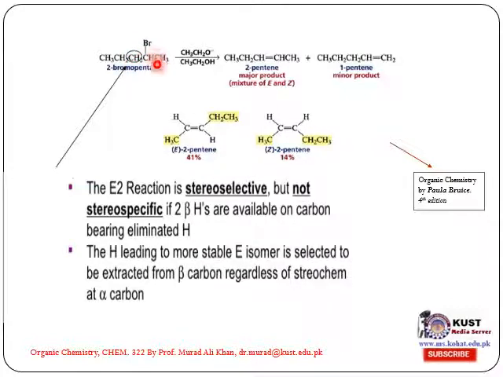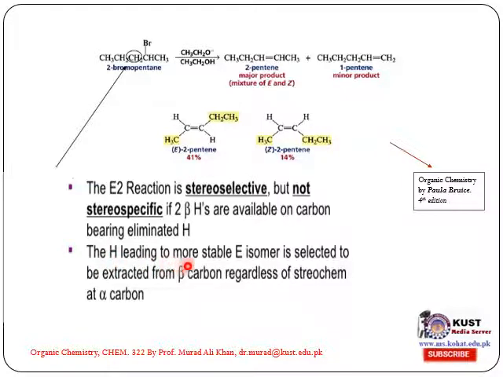So that hydrogen will be removed which will give you the more stable product, in which the two bulky groups are on opposite sides, and that is E-2-pentene.